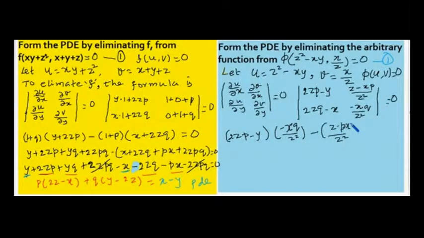And expanding the determinant, it is 2zp minus y into minus x cube by z squared, minus of z minus px divided by z squared into 2z cube minus x is equal to 0.